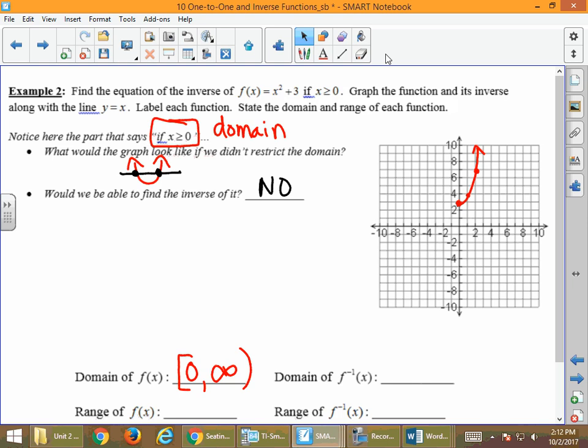Now this function is one-to-one, along with being a function. And when it's one-to-one in a function, then we can find the inverse. We're going to follow the steps in our box. And those were that instead of writing f of x, we're going to write y equals x squared plus 3.